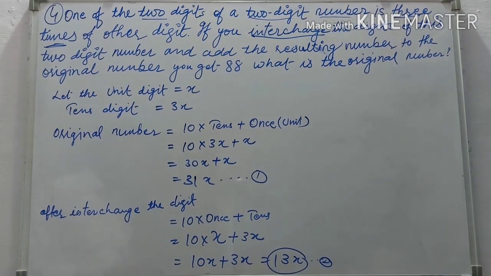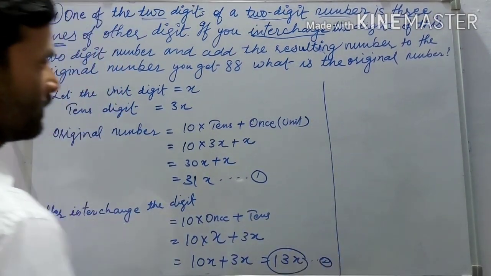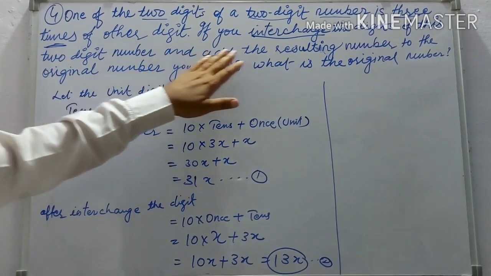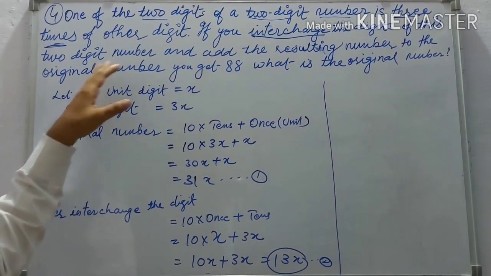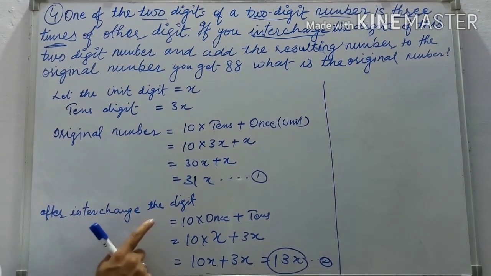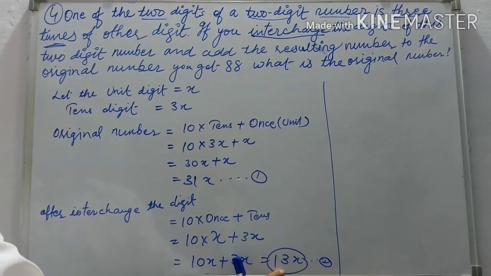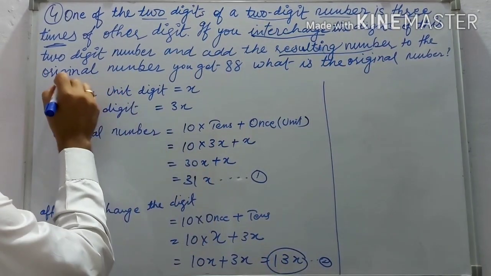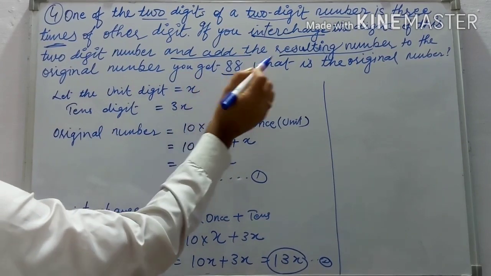Now next, the question says to add the resulting number to the original number. The original number is 31x and after interchanging the digits the resulting number is 13x. We add and get 88.